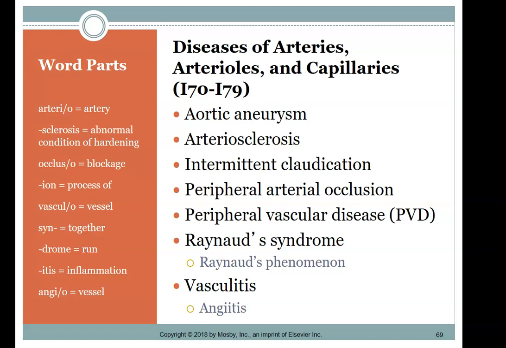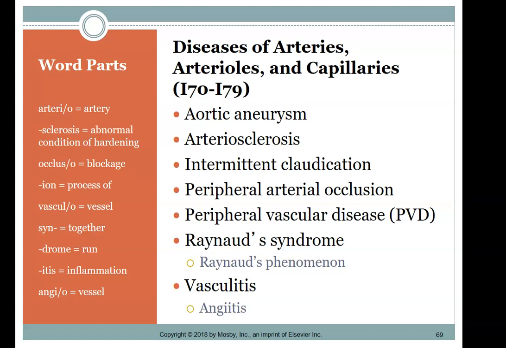Occlusion means blockage. The peripheral vascular disease, or PVD, is a vascular disorder limited to the extremities, which may affect not only the arteries and veins, but also the lymphatics. Raynaud syndrome is an idiopathic disease, of unknown cause, of the peripheral vascular system that causes bilateral intermittent cyanosis and erythema, numbness of the distal ends of the fingers and toes.